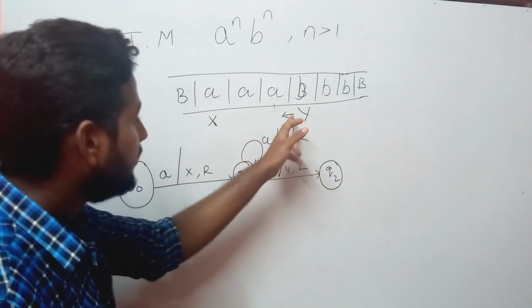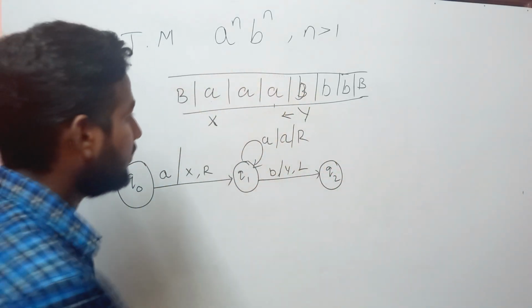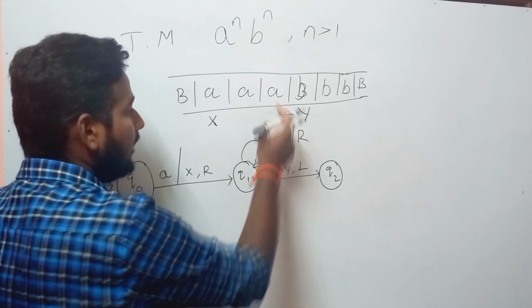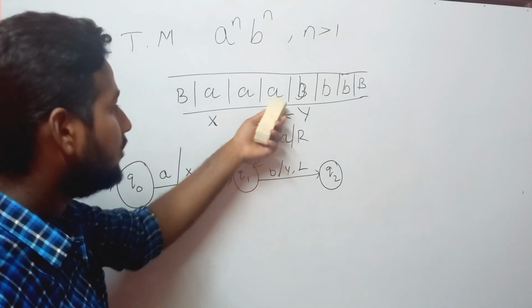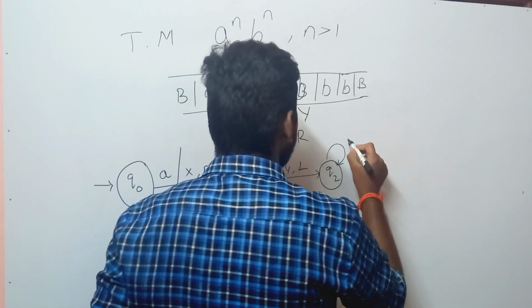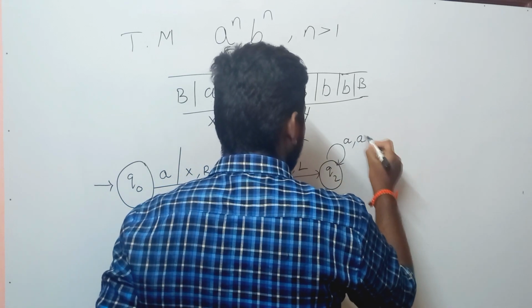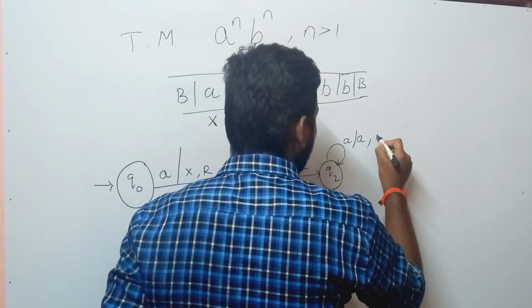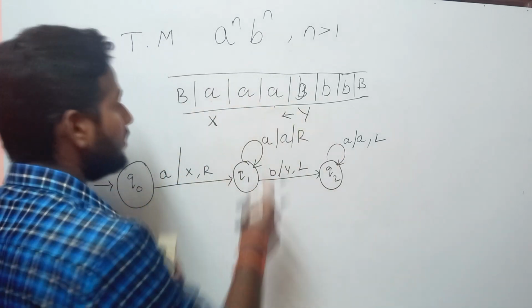After this, in Q2, the direction is left. Until we get the X value, we ignore these A values, keep A as A and move to the left direction.